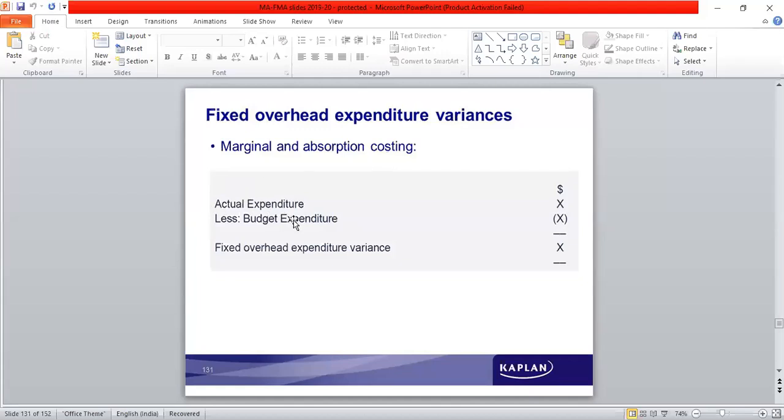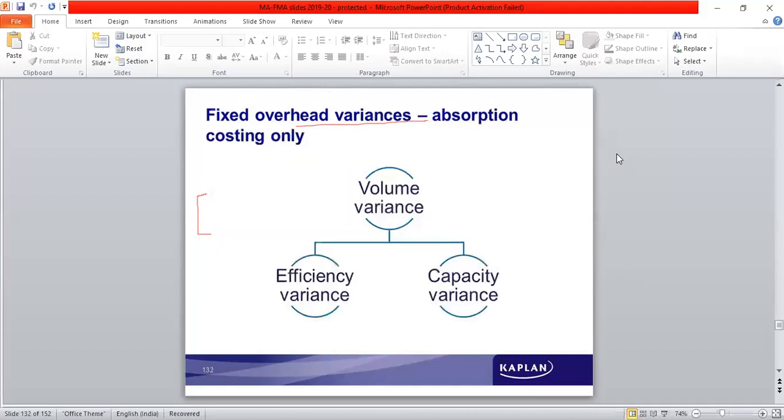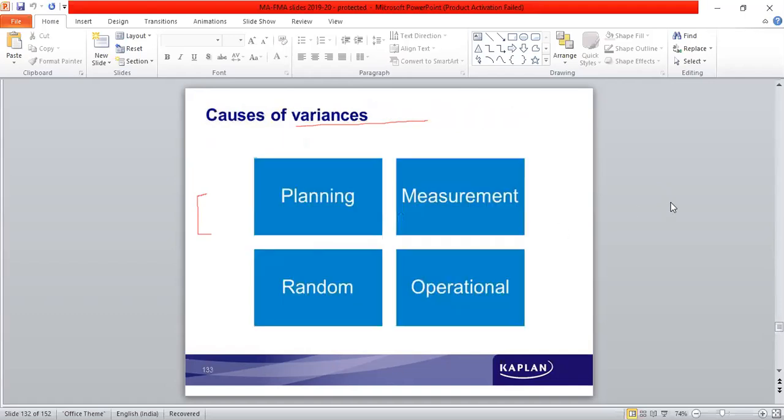Actual expenditure minus budgeted expenditure is the fixed overhead expenditure variance. Then the other variances are also there. Under absorption costing, volume variance is classified as efficiency variance and capacity variance.